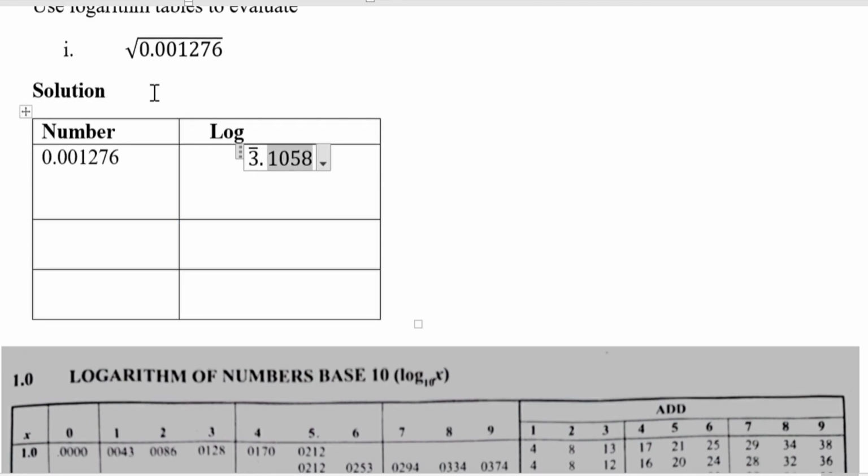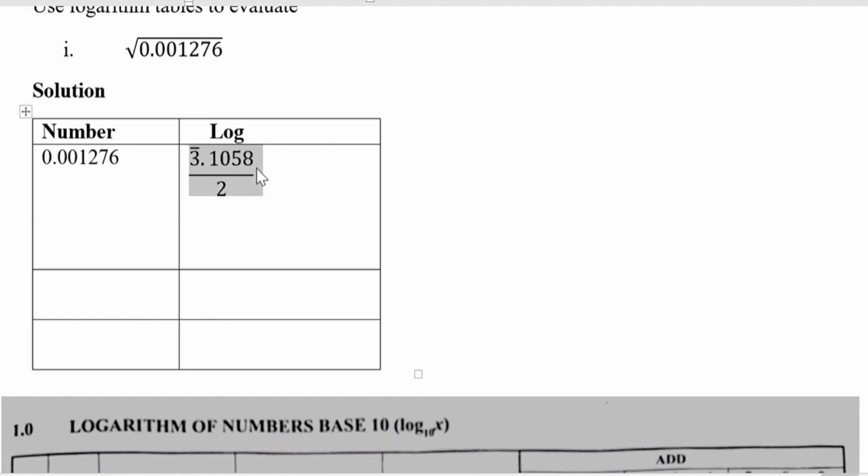Because we are looking for the square root, we shall have to divide this logarithm by 2. If we were looking for the cube root, we could have divided here by 3. But now we are looking for a square root, and therefore we have to divide this by 2. Now there is another problem here. You realize the characteristic is a negative number.